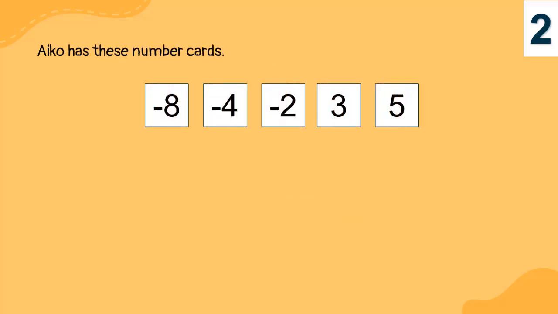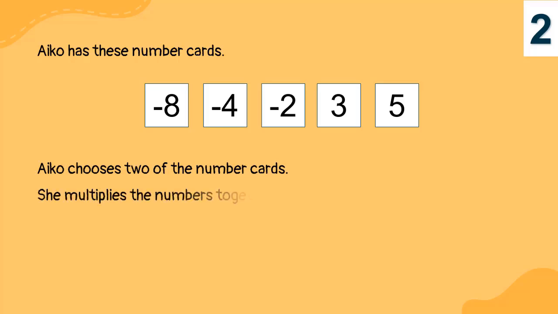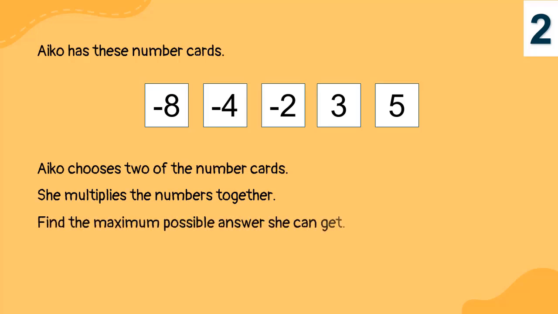Aiko has these number cards. Aiko chooses 2 of the number cards. She multiplies the numbers together. Find the maximum possible answer she can get.